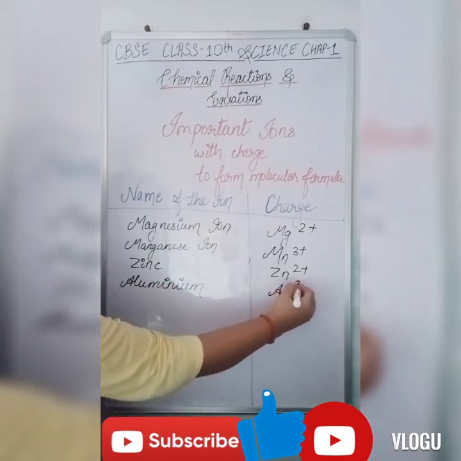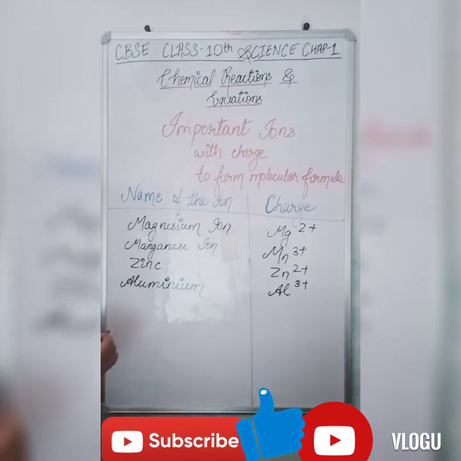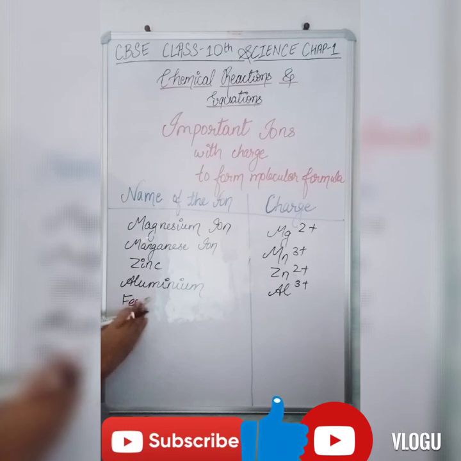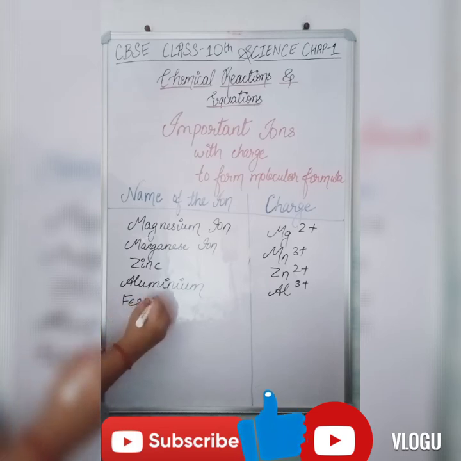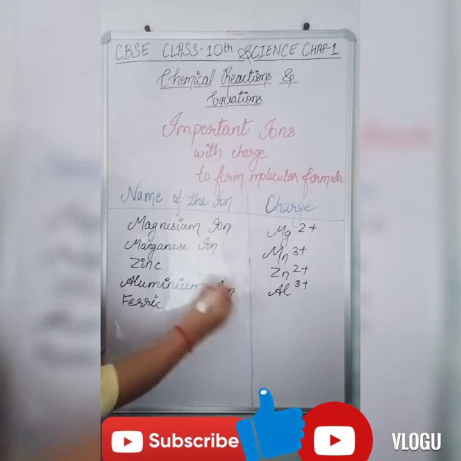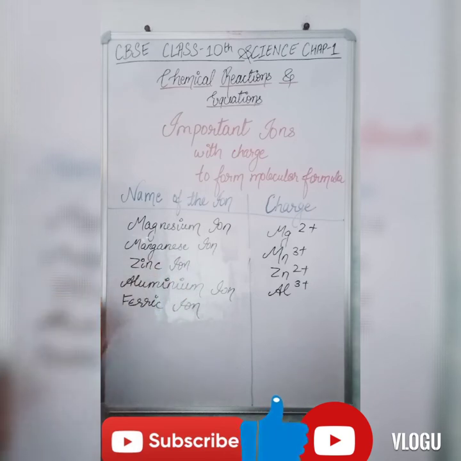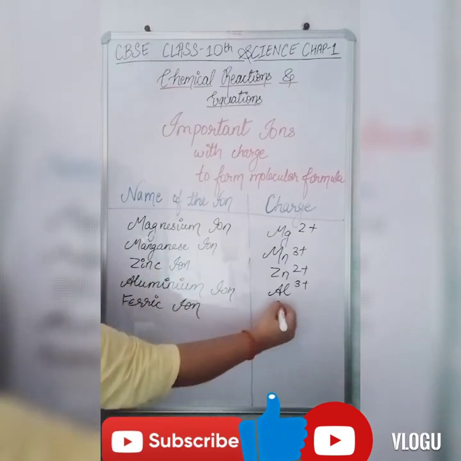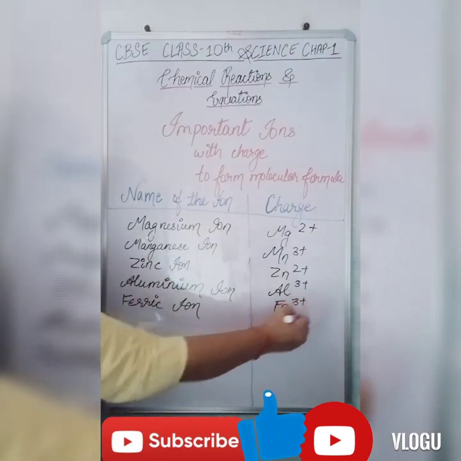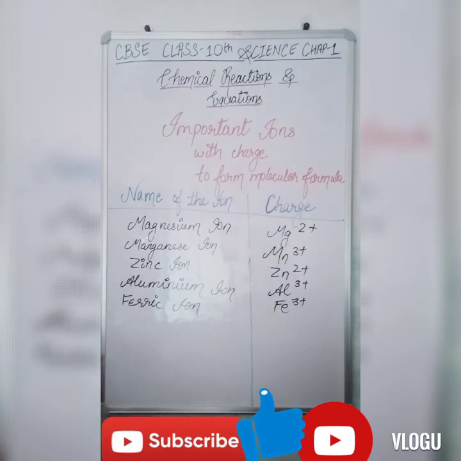This is Al3 plus. Then ferric ion, and it is Fe3 plus.